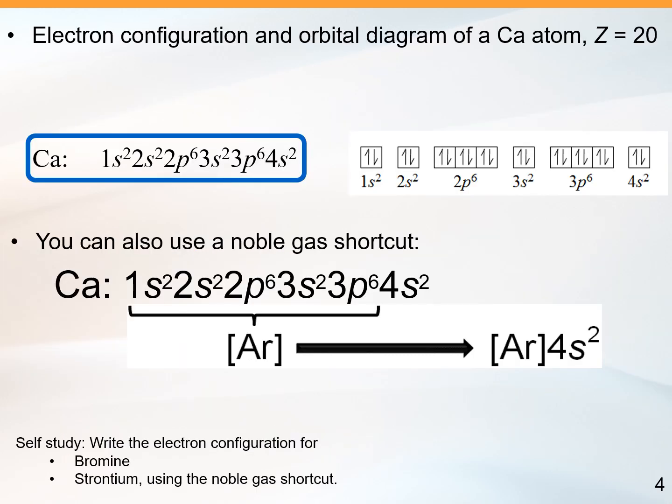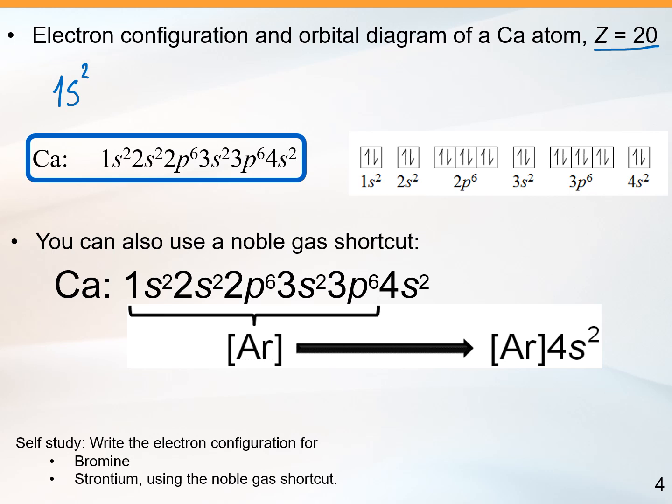So based on that order of orbitals, how do you write the electron configuration of atoms? Let's take calcium for an example, with an atomic number of 20, which means that it has 20 electrons. We're going to put 20 electrons in our configuration. We have to start with the lowest energy orbital, which is the 1s orbital. The maximum number of electrons the s orbital can take is 2.